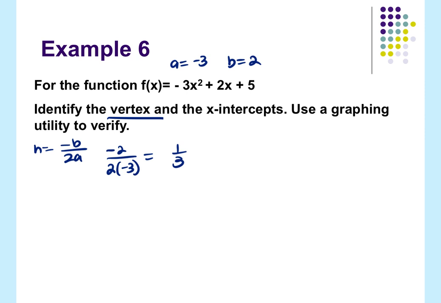You could either multiply it out and get negative 2/negative 6, or you can simplify it either way. This goes here. It's positive 1/3. That's the x coordinate of my vertex. To find the y, I'm going to plug it back in. So I'm going to do negative 3 times 1/3 squared plus 2 times 1/3 plus 5.